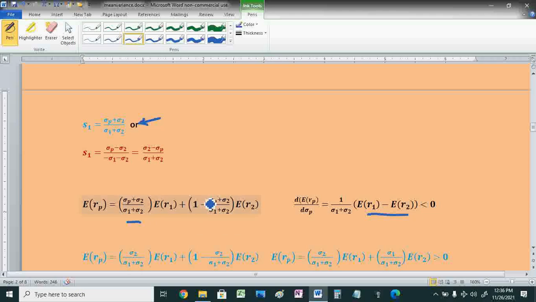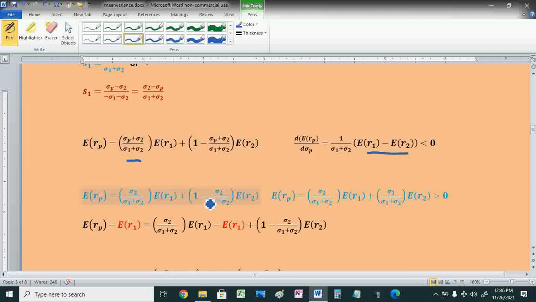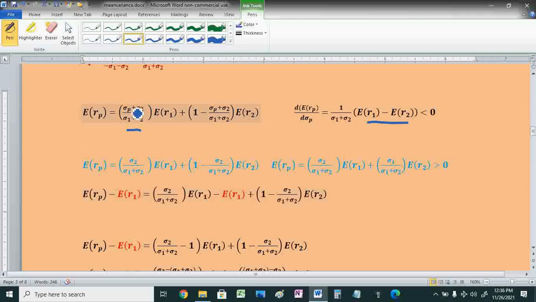Now in the next step, I have put the variance or standard deviation of portfolio, sigma p, equal to 0, and when I do that, this is the equation I get. I can see now that this expected return on portfolio is in fact greater than 0, because all these terms are greater than 0, and this is happening when we have sigma p equal to 0.